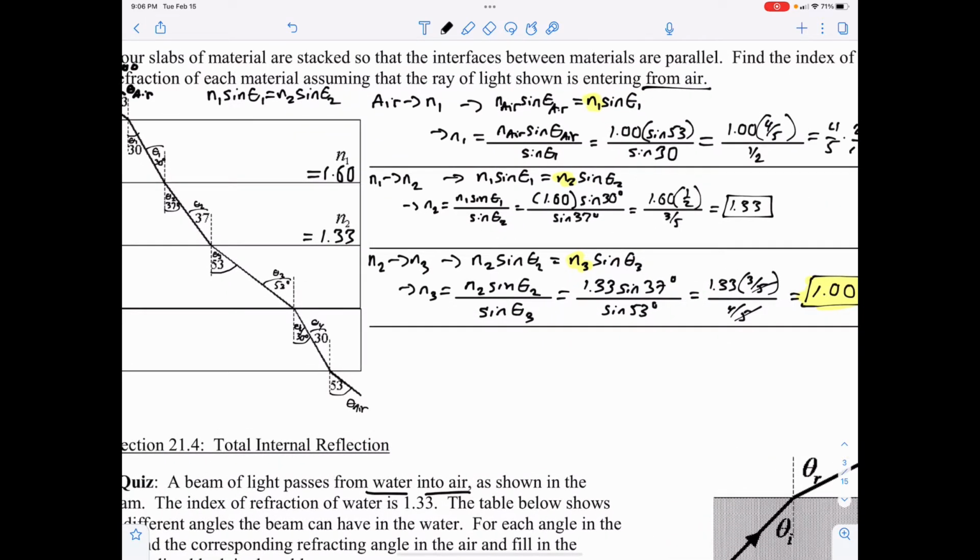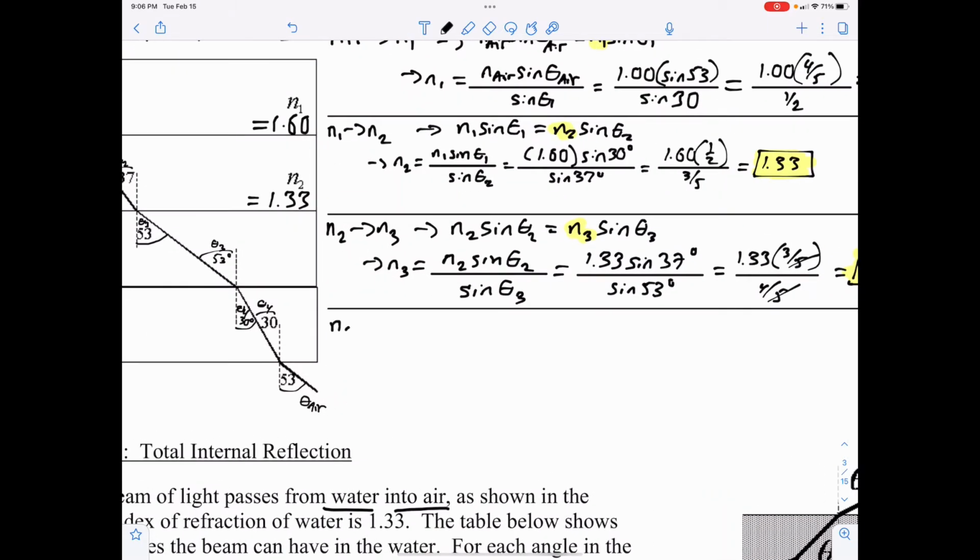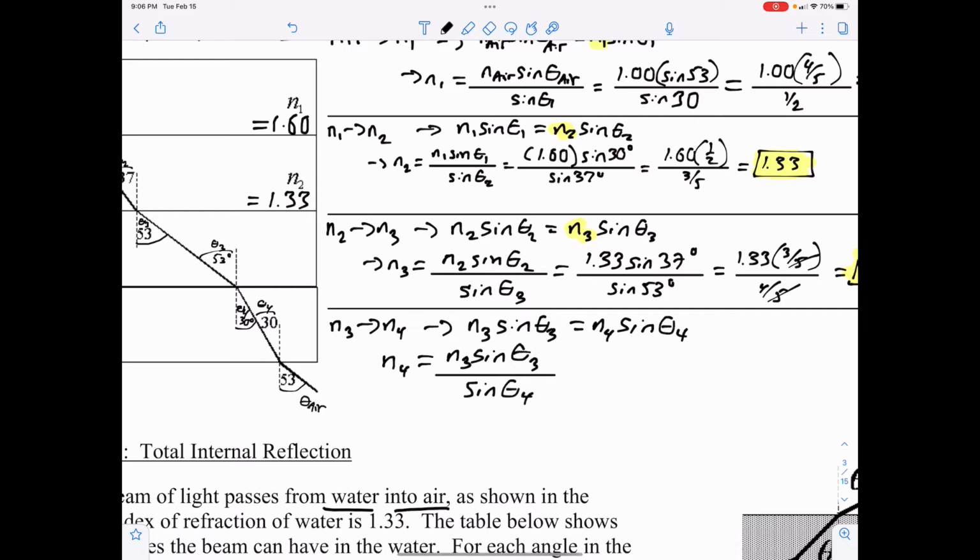And finally, we're going from N3 to N4. So N3 sine theta 3 equals N4 sine theta 4. Okay, so N4 is going to be N3 sine theta 3 divided by sine of theta 4.